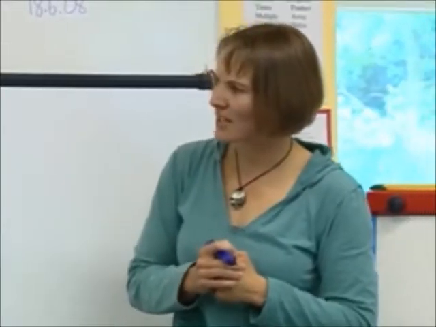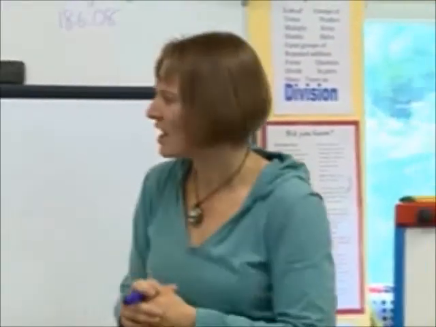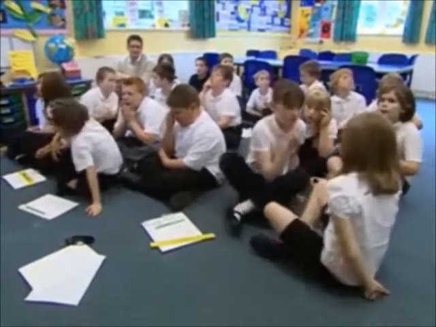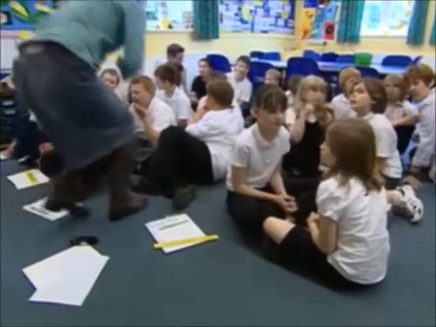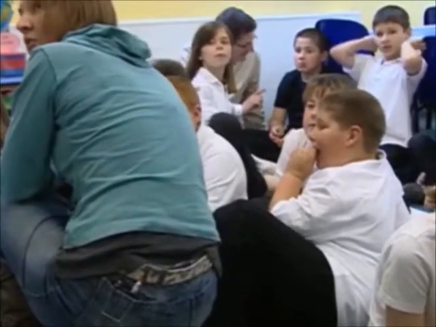Now we've got some ones that are missing on here. What I want you to do is once again talk to your partners and work out how we can fill in these missing numbers. What maths can we do to fill in these missing numbers? Matthew and Charlie and Adam, what maths could we do to fill in those missing numbers? How did you work that out? You don't know.